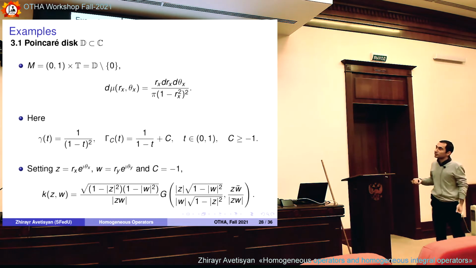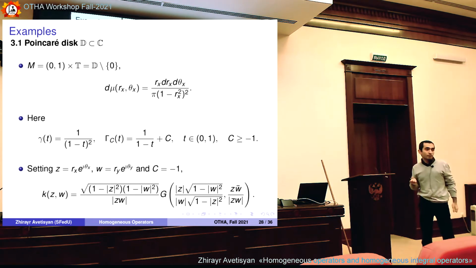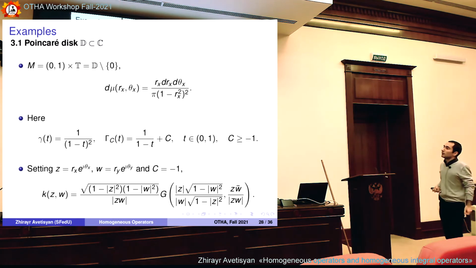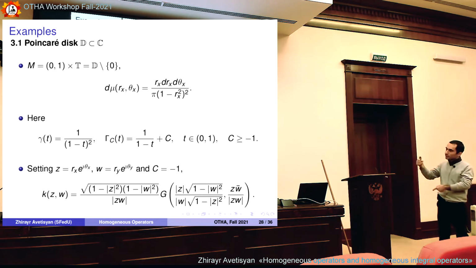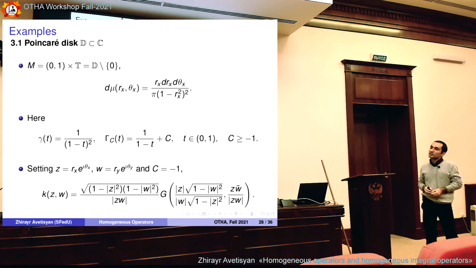In particular, you can take the Poincaré disk with Haar measure. And in this case, your gamma t is 1 over t squared. You compute this antiderivative and then plug in, you get the following explicit formula when you pass to complex coordinates because they are more natural for the disk on the complex plane.